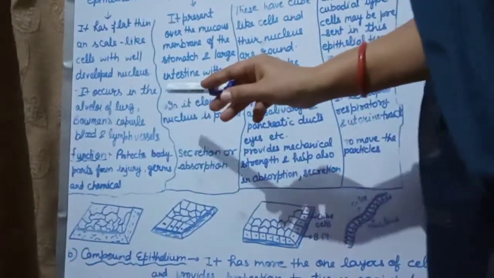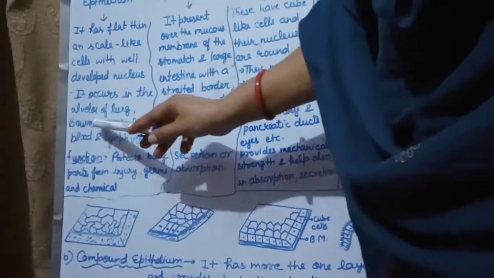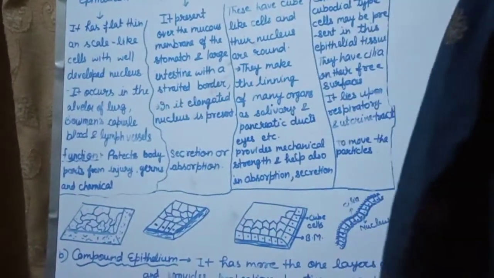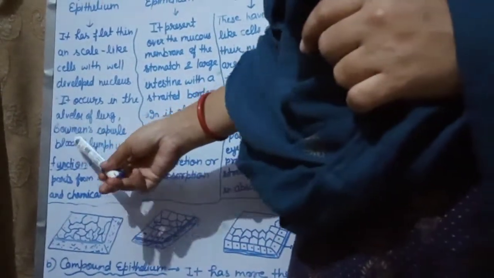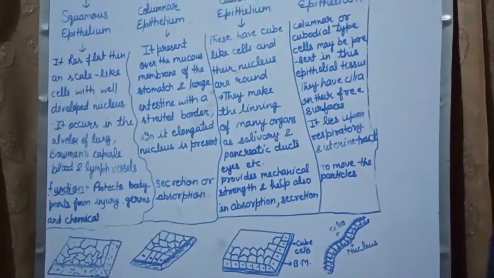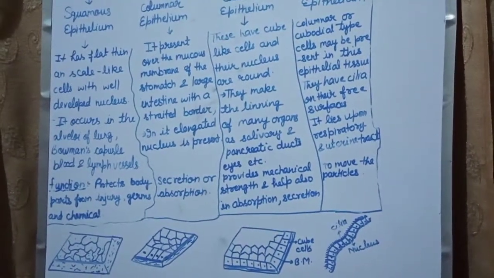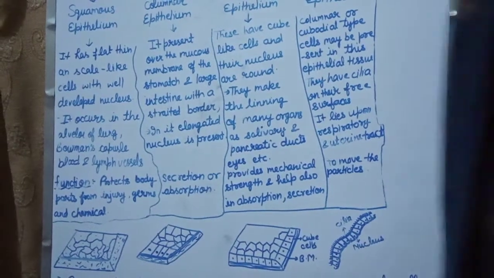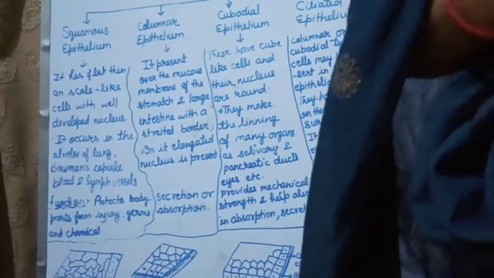It occurs in the alveoli of lungs, Bowman's capsule of the kidney, and blood and lymph vessels. Its function is to protect the body from injury, germs and chemical stresses.